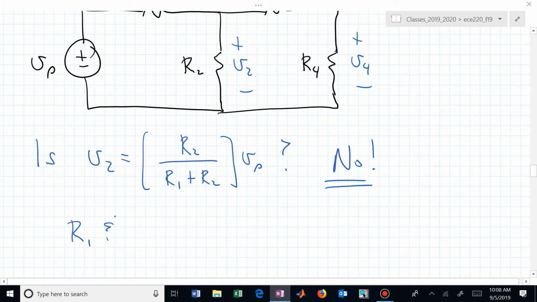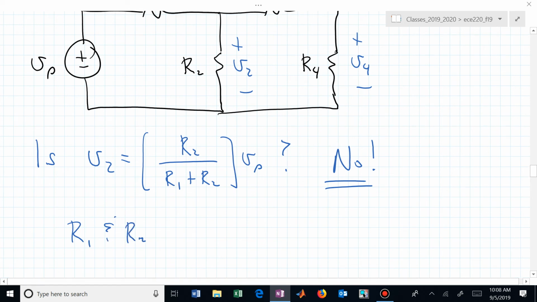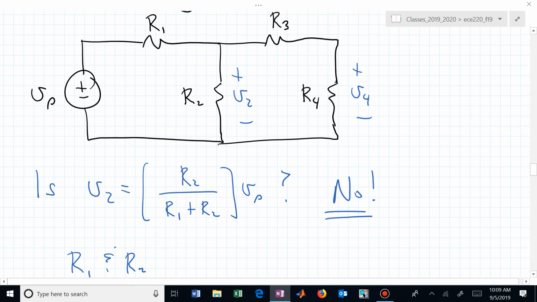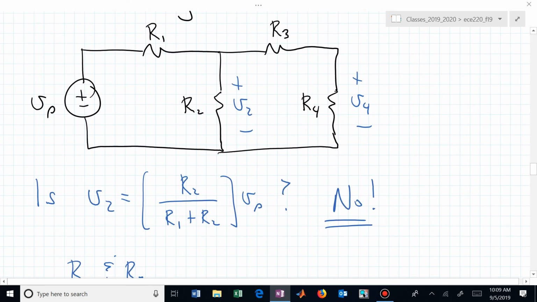Well, R1 and R2, aren't they in series? Yes. So R1 and R2 are not in series, are they?